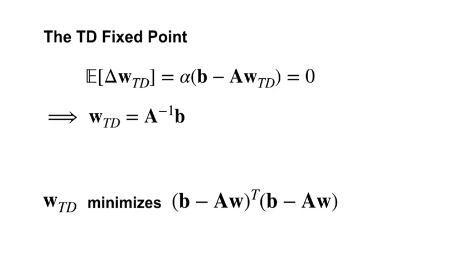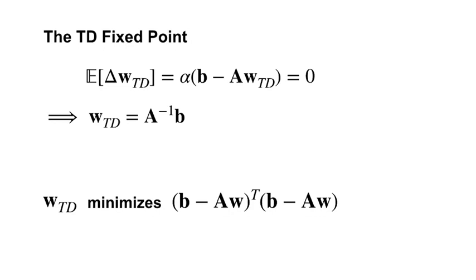In fact, it can be shown that TD minimizes an objective that is based on this A and b. This objective extends the connection between TD and Bellman equations to the function approximation setting. Recall that in the tabular setting, we described TD as a sample-based method for solving the Bellman equation.